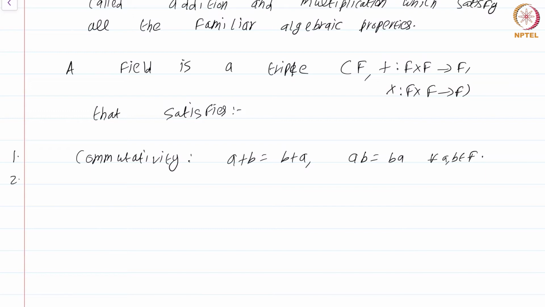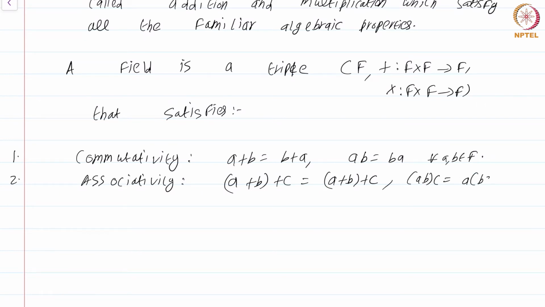Second is associativity. (a plus b) plus c is a plus (b plus c), and similarly (ab)c is a(bc). Note that for the multiplication I am dropping the times symbol, just as usual we do when we deal with multiplication in the real world. Nobody bothers writing the symbol for multiplication. It's understood. So this is true for all a, b, c in F.